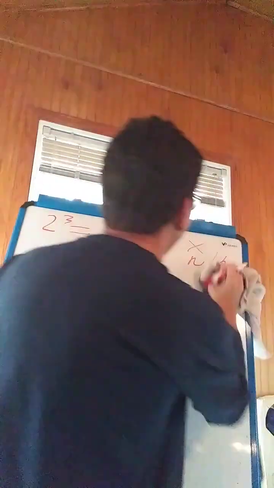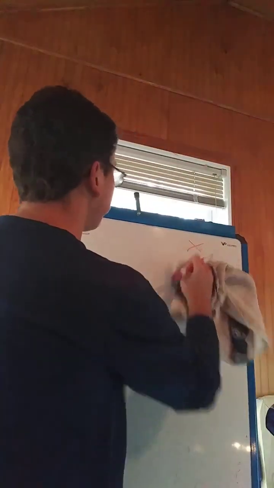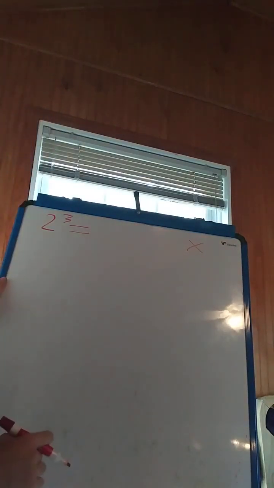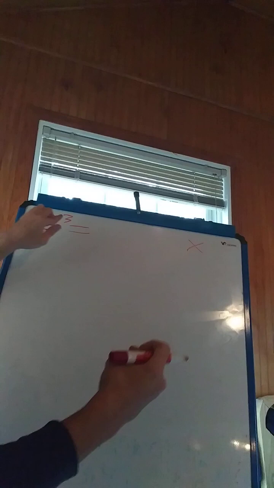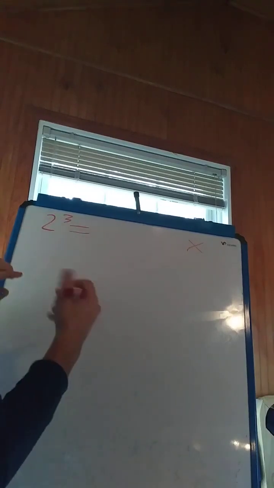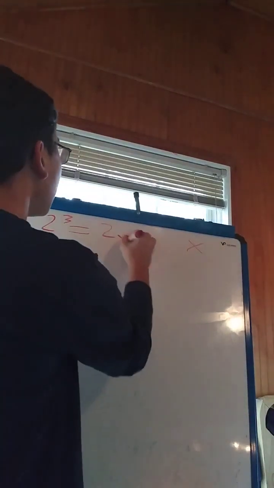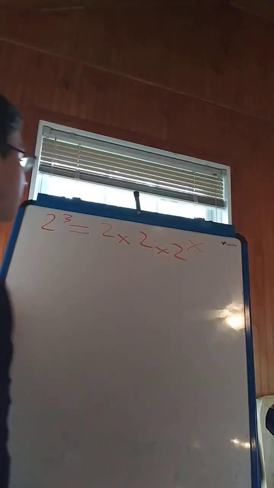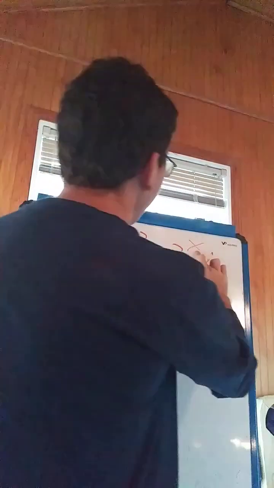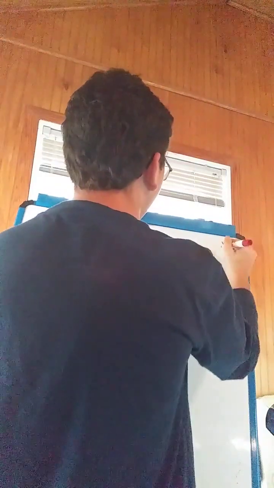We take 2, and we times 2 three times. This is what this means. So, 2 times 2 times 2. And no, this is not an exponent.